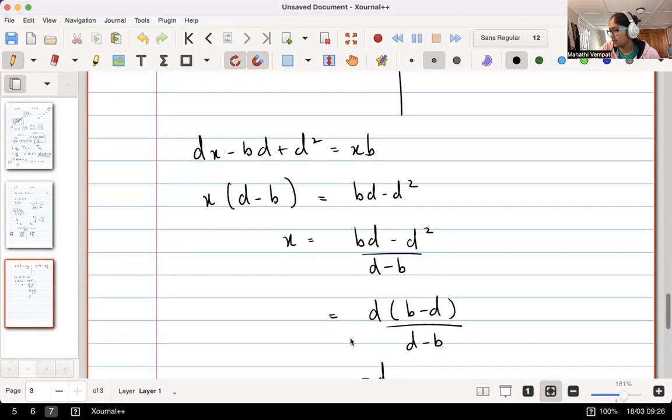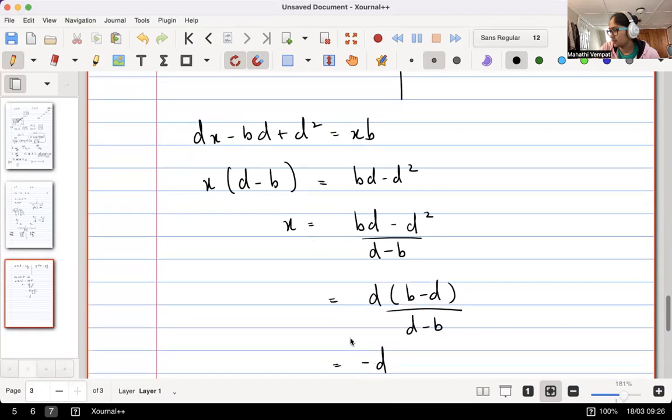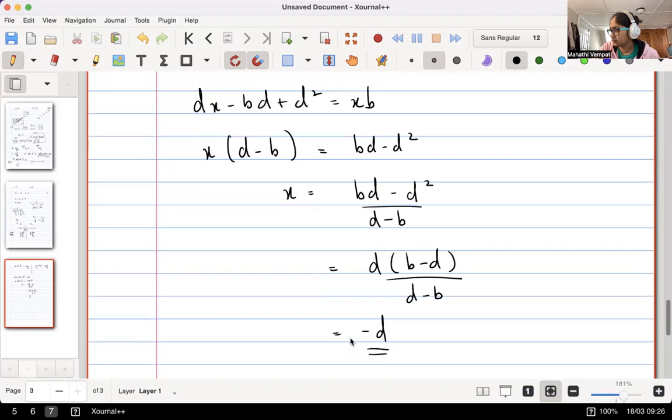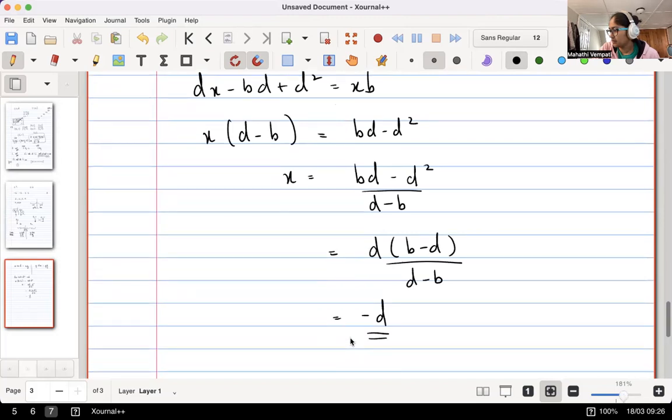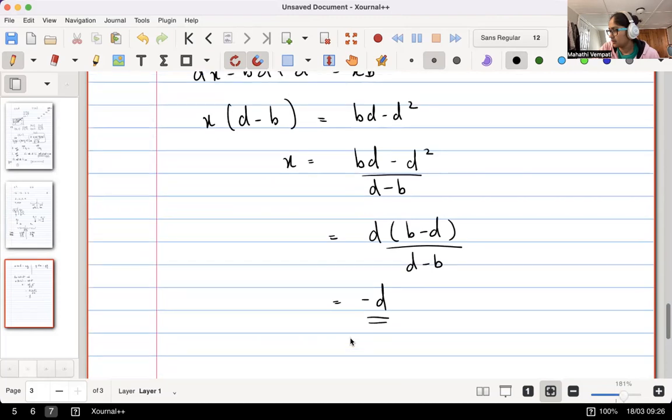X times d minus b equals bd minus d square, equals bd minus d square by d minus b, d times b minus d by d minus b.